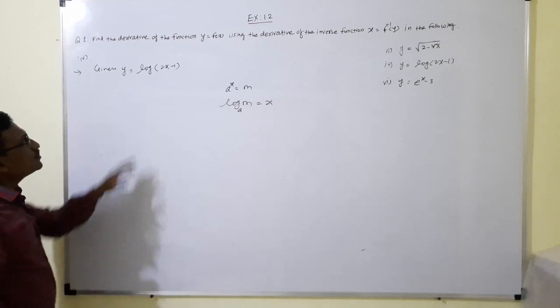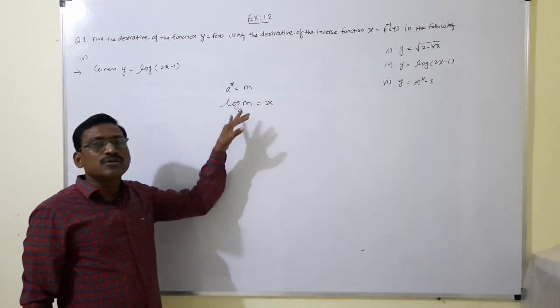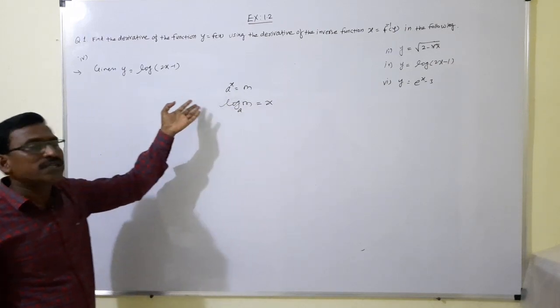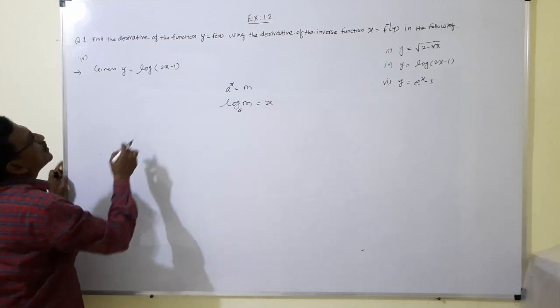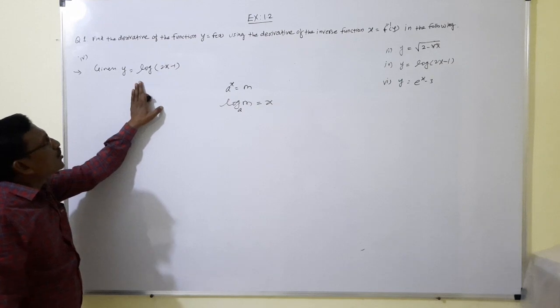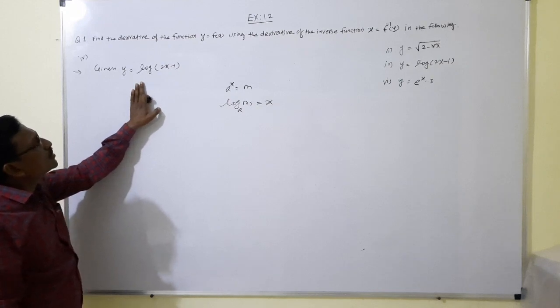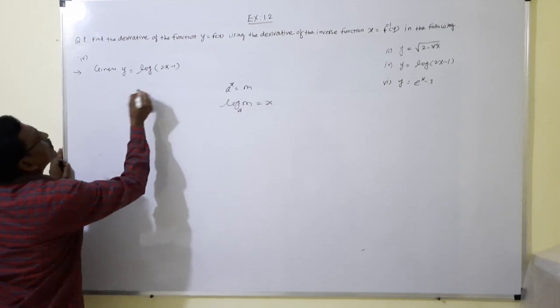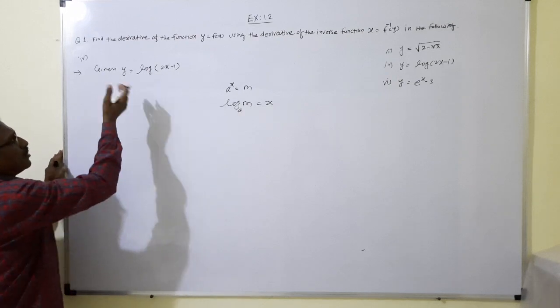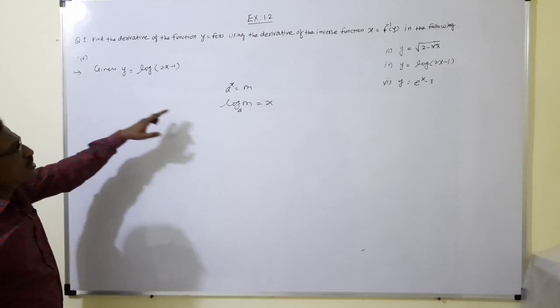So our form here is logarithmic form, so we convert it into exponential form. In natural logarithms, the base e is already here. That's why we convert this log into exponential form.